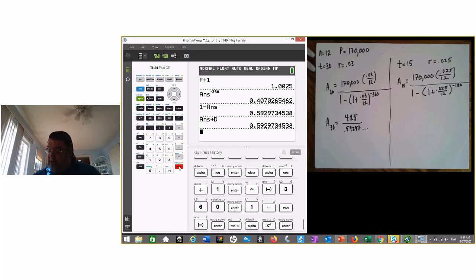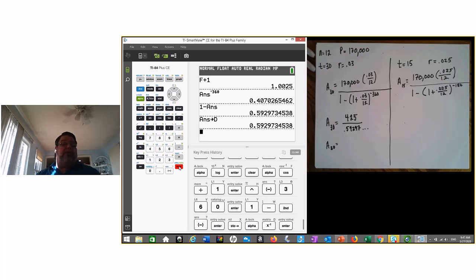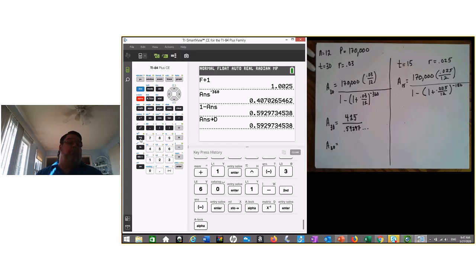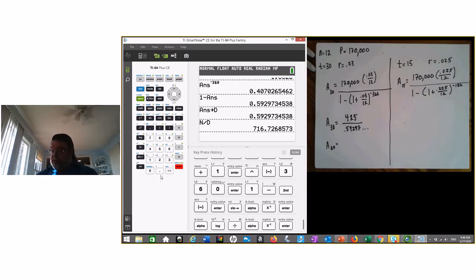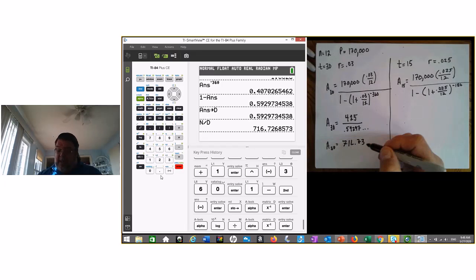So your monthly payment with a 3% loan is going to be alpha numerator divided by alpha denominator, and that's equal to a payment of $716.73. And multiply that by 360.